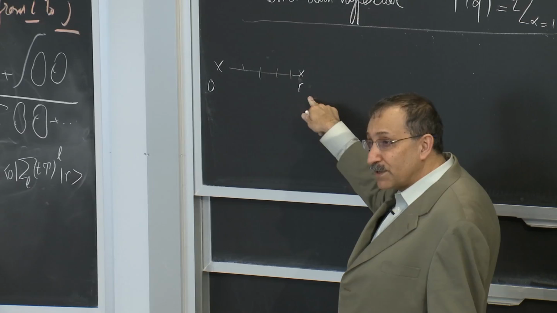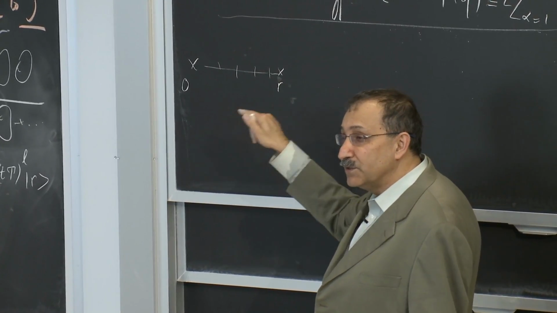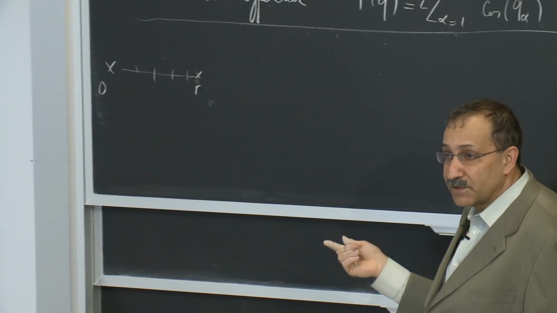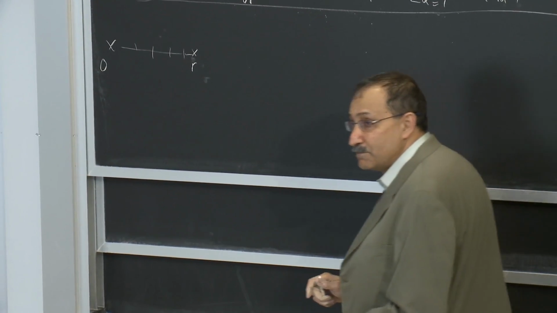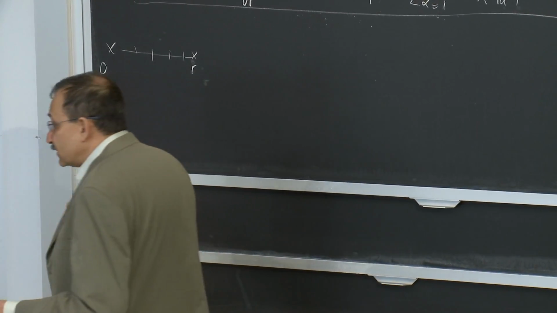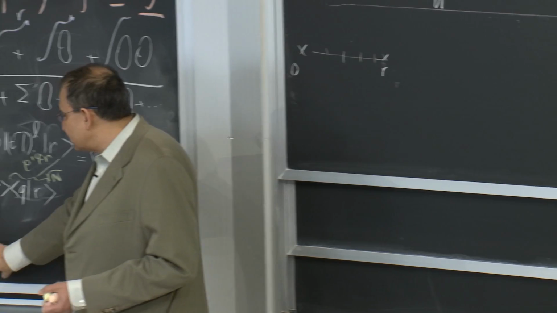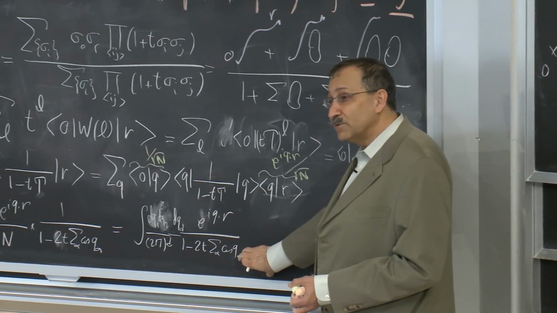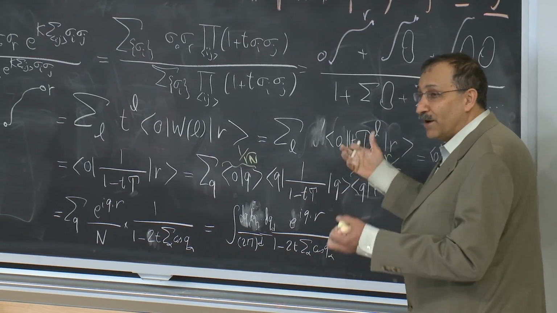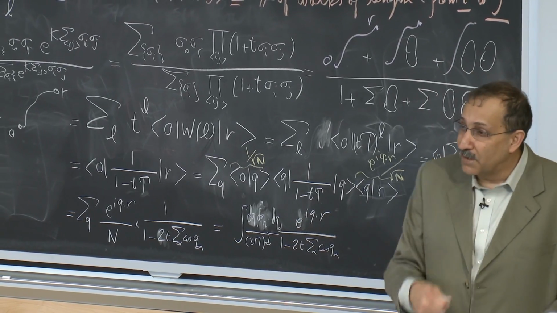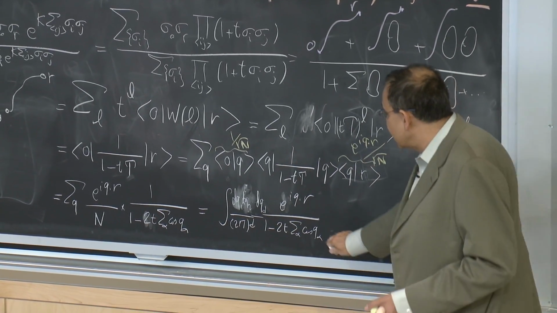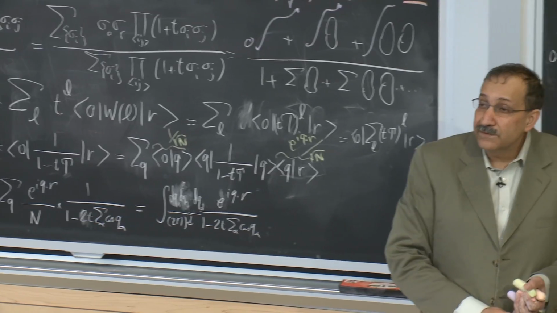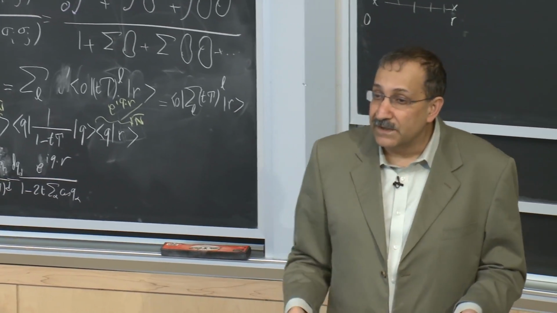Now, when I integrate over qx, the integral of e to the i qx times r would go to 0. The only way that it won't go to 0 is from the expansion of what is in the denominator. I should bring on enough factors of e to the minus i qx, which certainly exist in these cosine factors, to get rid of that.